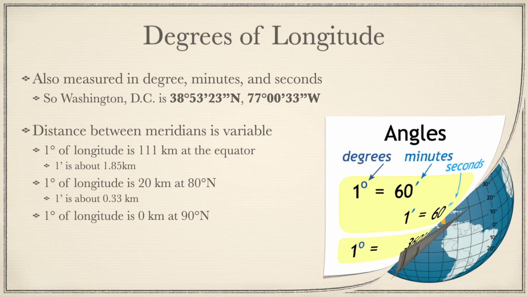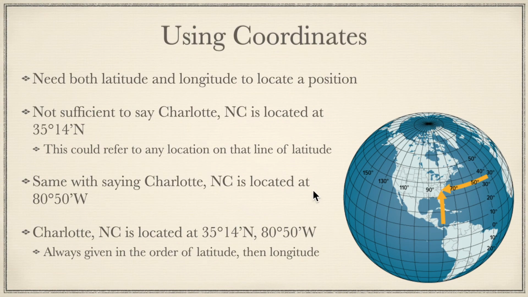Now, using these coordinates, you need both latitude and longitude to locate a position. So it's not sufficient to say Charlotte, North Carolina is located at 35 degrees 14 minutes north. Can't just say that. This could really refer to any location that is on that line of latitude.